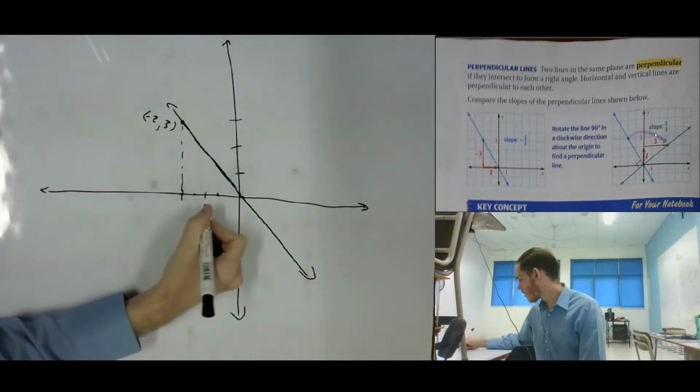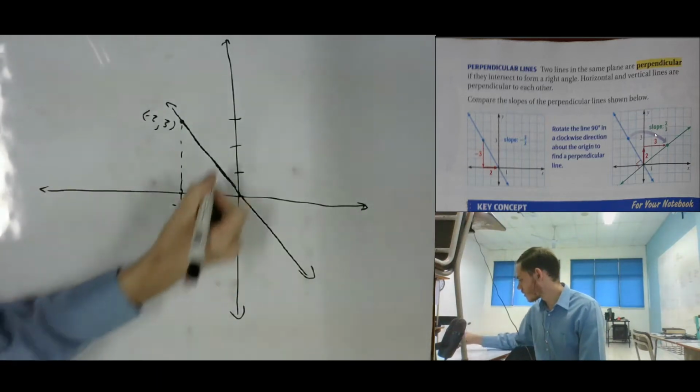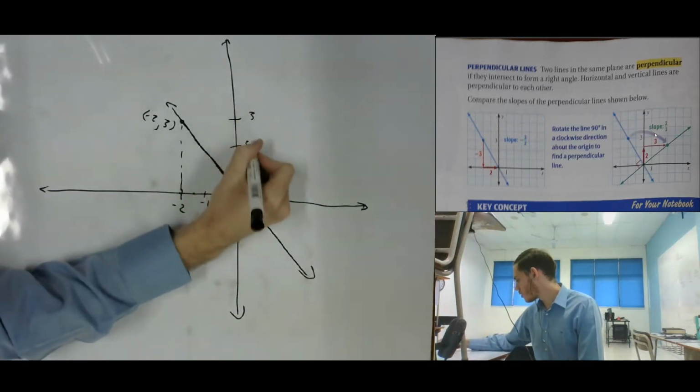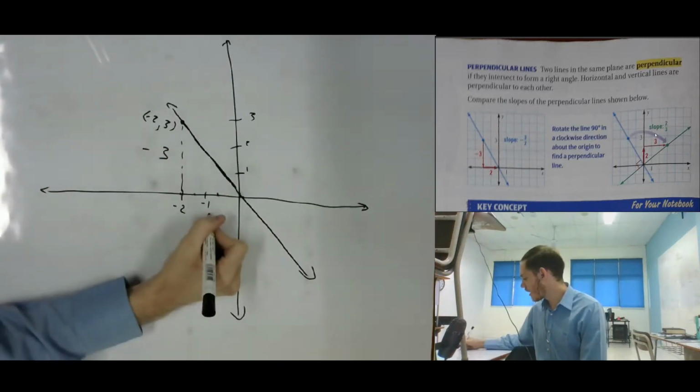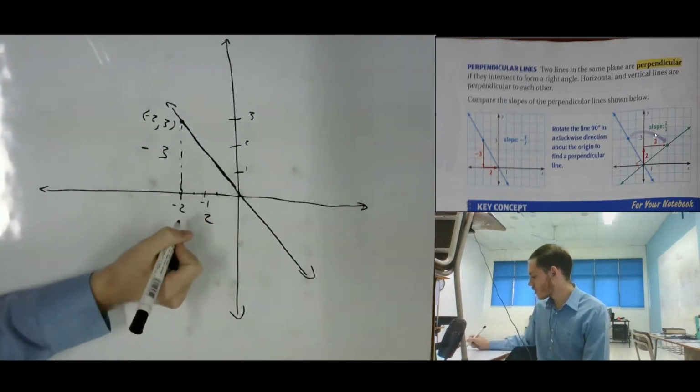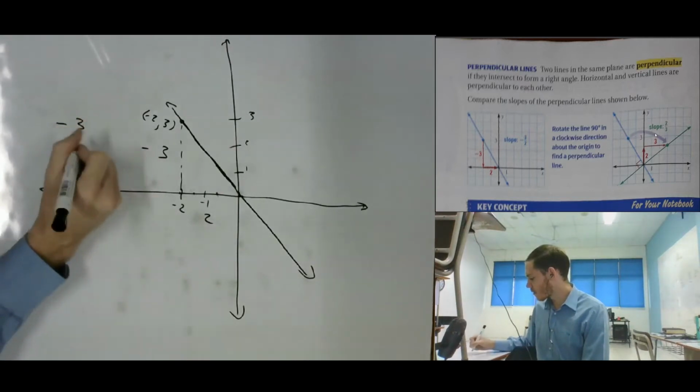It's -1, -2, 3, 2, 1. So this is going to have a slope of -3 over 2.